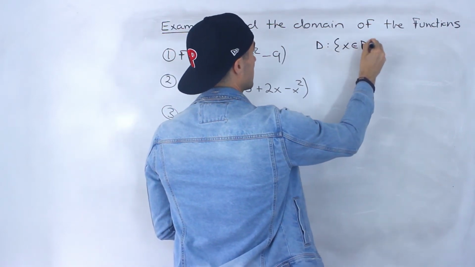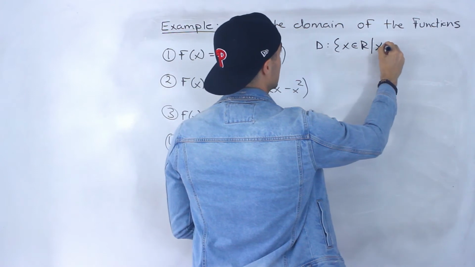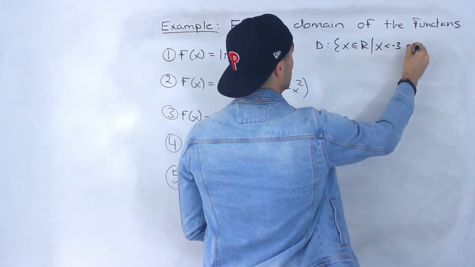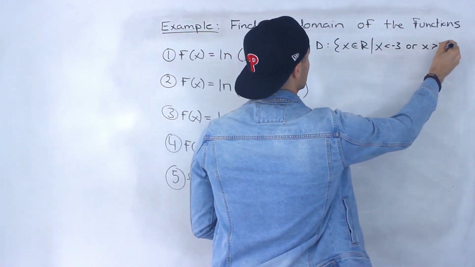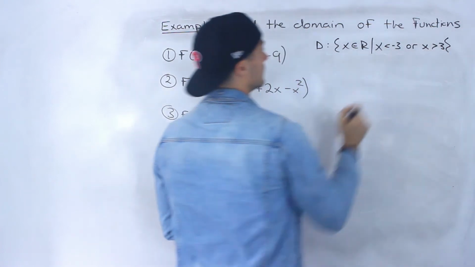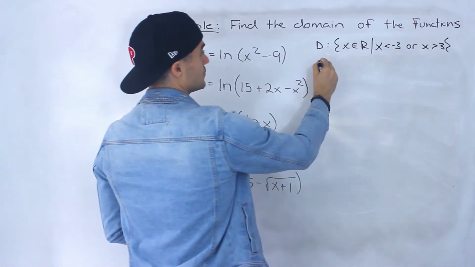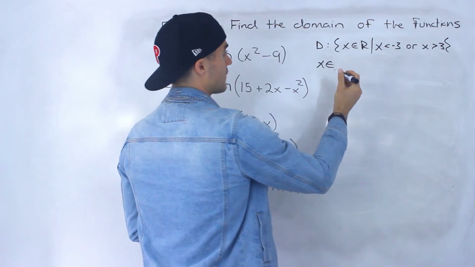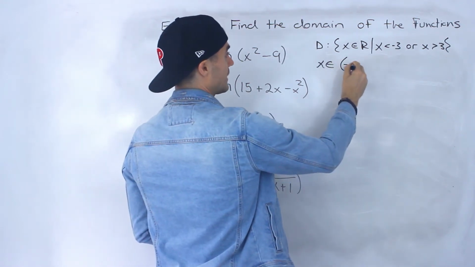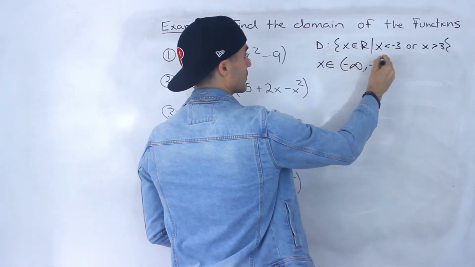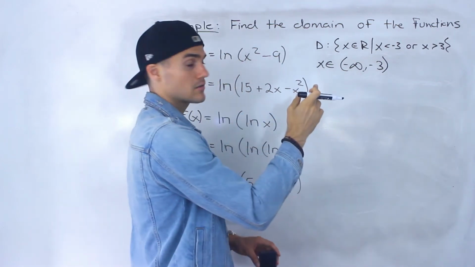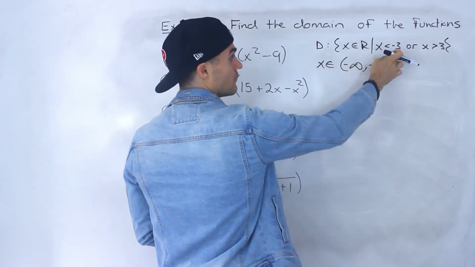X can be anything as long as x is less than -3 or x is greater than +3. And if we were to do it in a different notation, we'd have x as an element from -infinity to -3. Notice it's a circle bracket there because it's not inclusive of that -3.